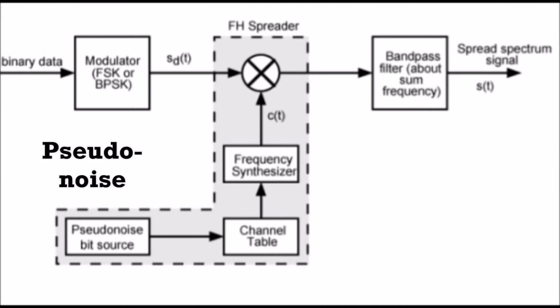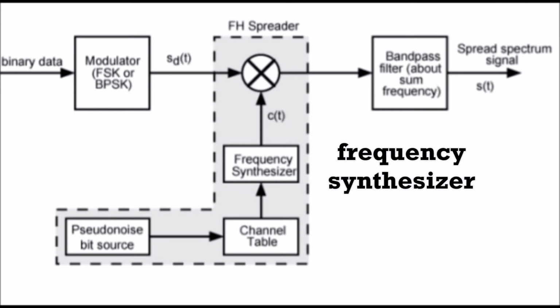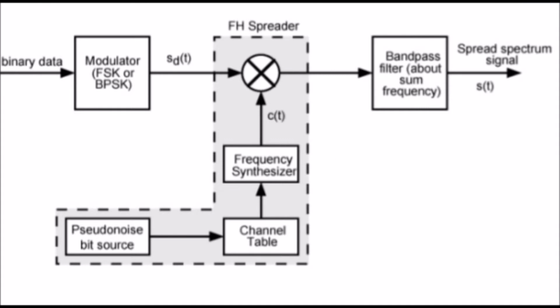A pseudo-noise or pseudo-random number serves as an index into a table of frequencies. This is a spreading code. The frequency synthesizer generates a constant frequency tone. A bandpass filter is used to block the difference frequency and pass the sum frequency, yielding the final FHSS signal.